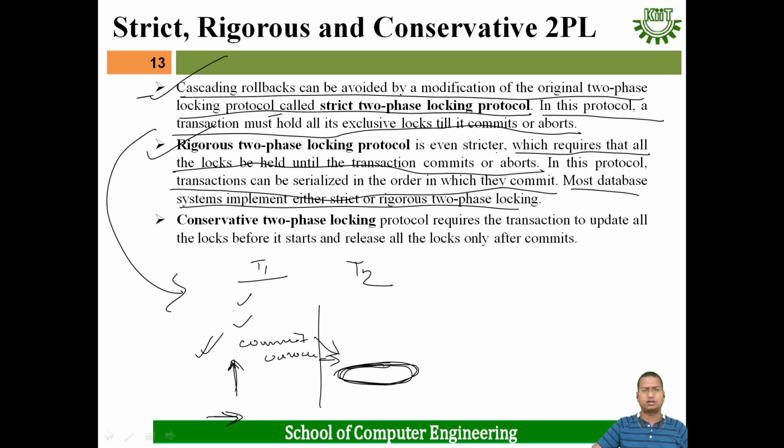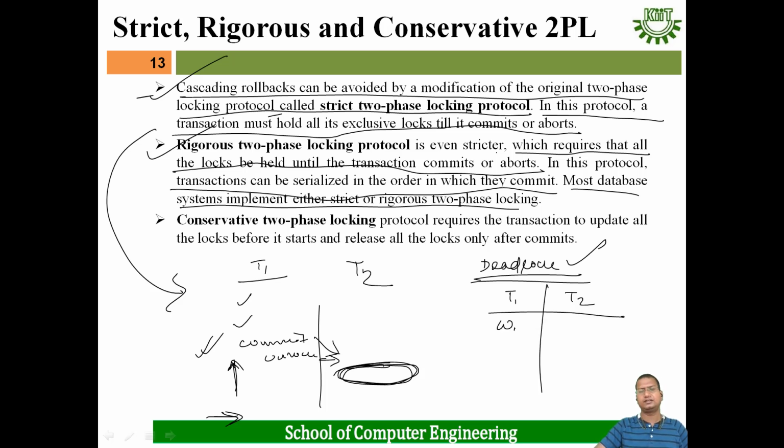Cascading rollback does not create a problem in case of strict and rigorous 2PL, but deadlock may be present in strict and rigorous two-phase locking protocol. How is deadlock present? Suppose T1 is a transaction and T2 is a transaction.